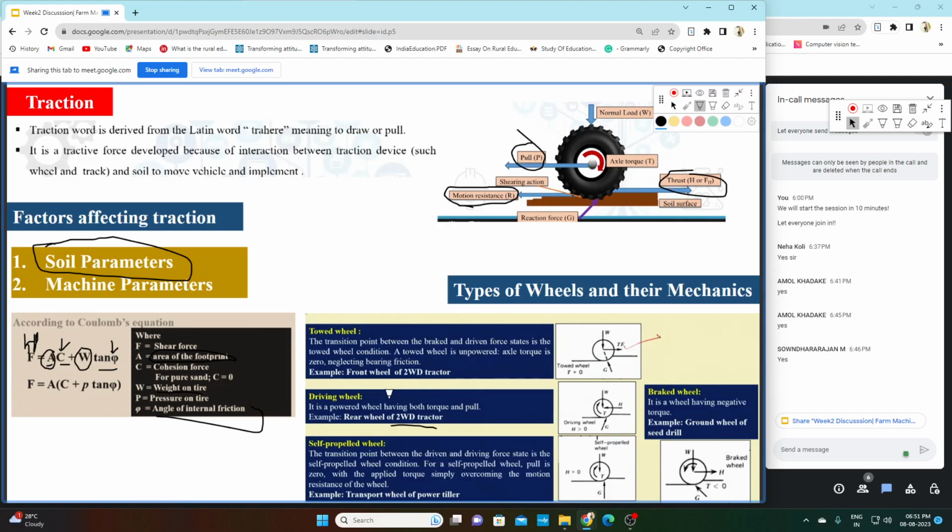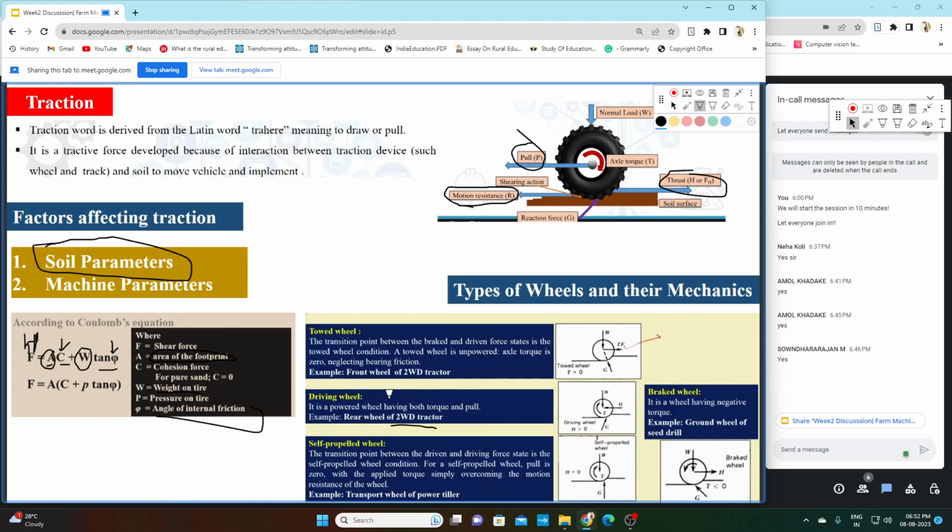Okay, self-propelled wheel. You can assume a tractor, the rear wheels of a tractor. It has torque because the rear wheels are moving with some power. But imagine the tractor does not pull any implement, so pull is zero. It has torque, so that type of wheel is known as self-propelled wheel. Or in simple terms, imagine the rear wheels of a bus.